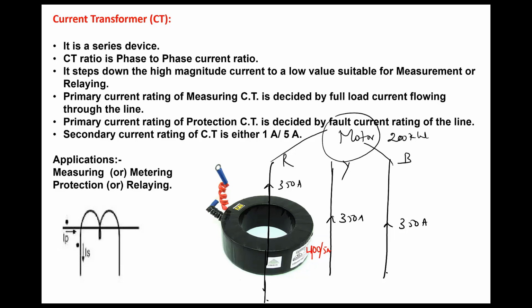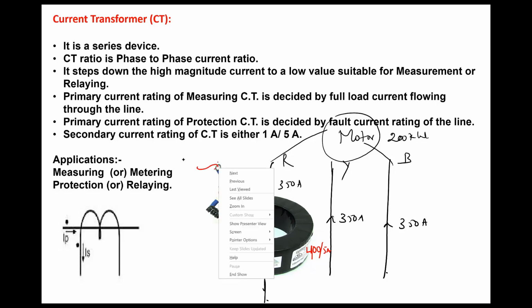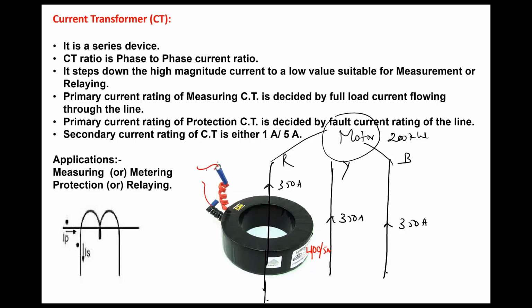Since the current is 350 amperes, if these two wires are connected to just an ammeter, how much current will flow through this one? Since it is 400 by 5, for 350 amperes, what would be the current? Anyone?